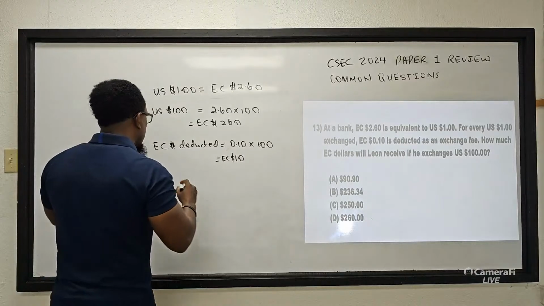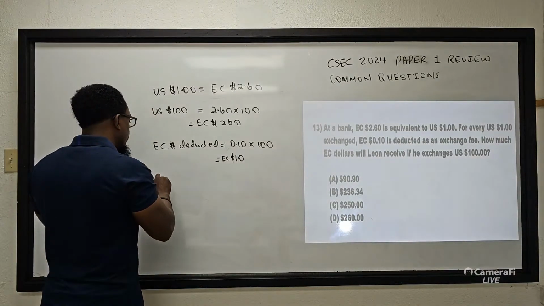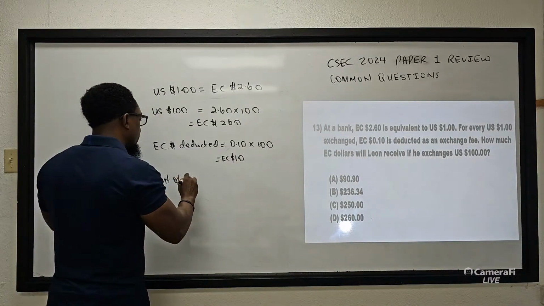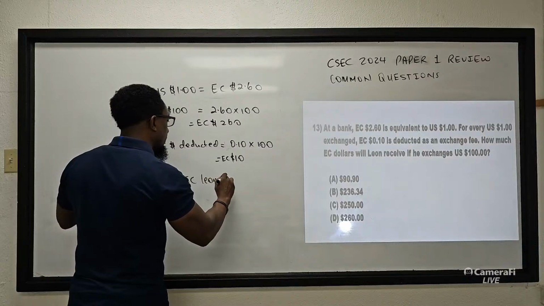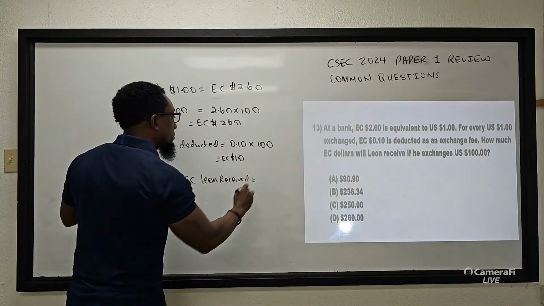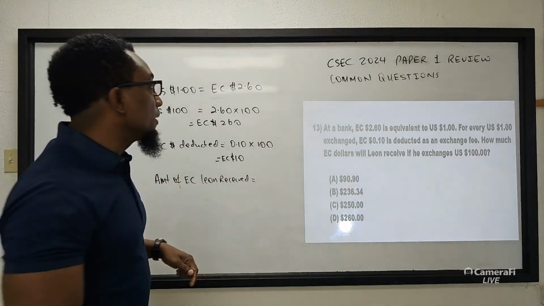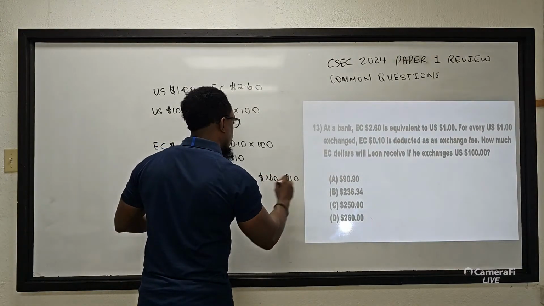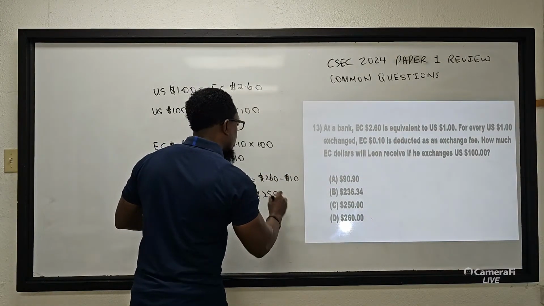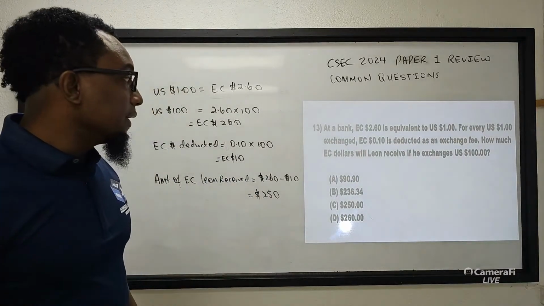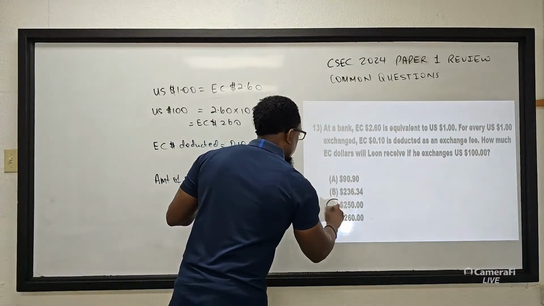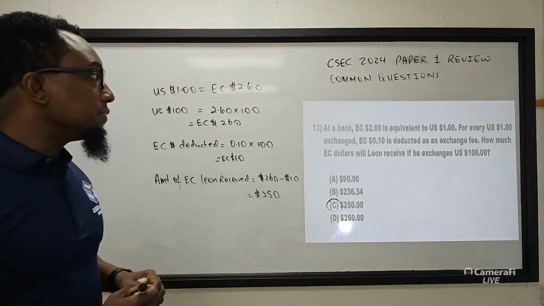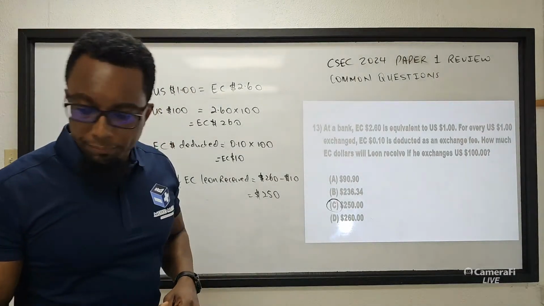So the amount of EC Leon received is going to be simply to subtract $10 from 260, which will give us $250, whose answer there is C. Alright, so that's how much EC Leon will receive, C, 250.